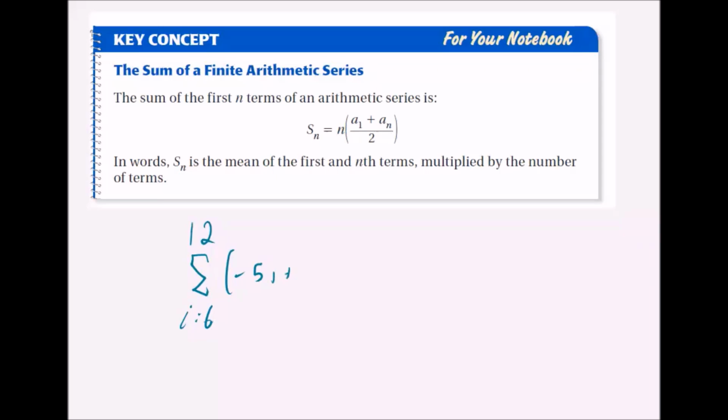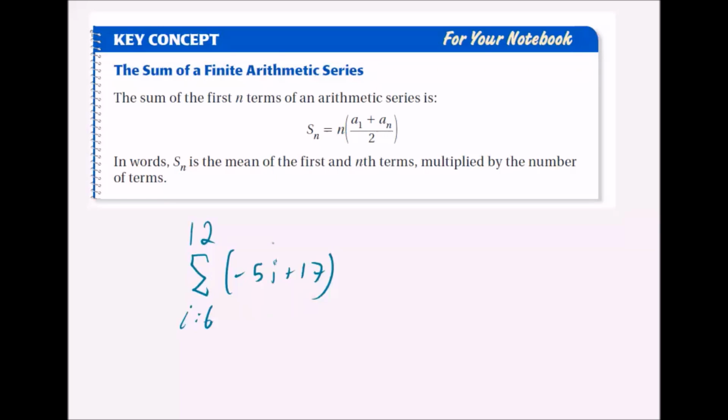Negative 5i plus 17. So what this says is find the sum of this series starting at i equals 6 and going up to 12 of this equation, negative 5i plus 17. So, I mean, we could do this 7 times, right?